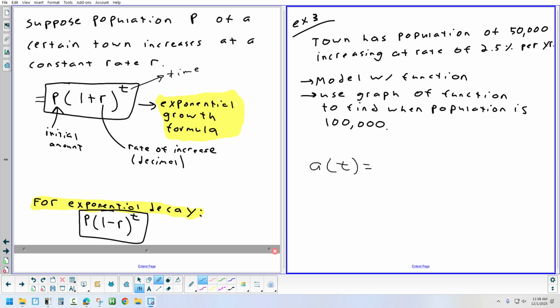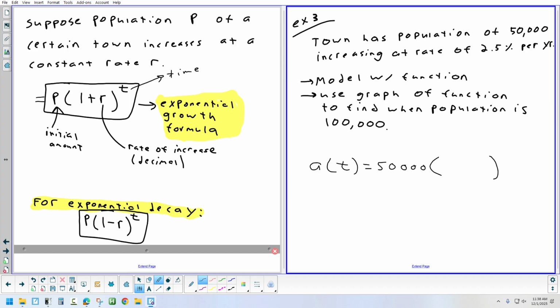What comes right after the equal sign in the exponential growth formula? Yep, 50,000, the initial amount, which in this case is 50,000. And then what are we going to put in parentheses next to the initial amount?